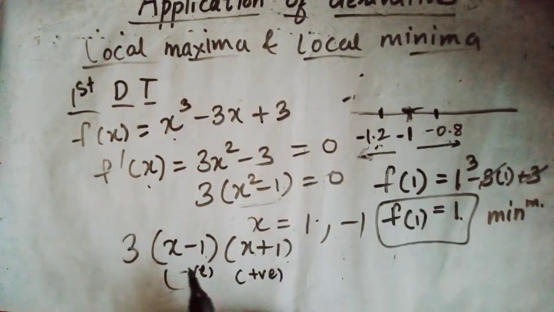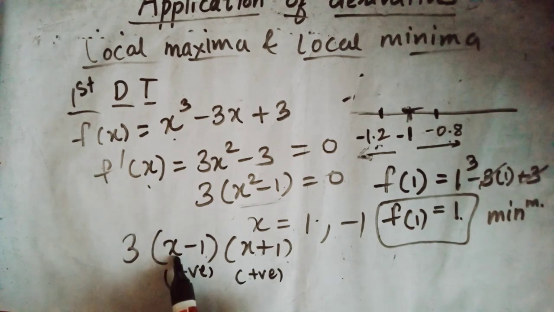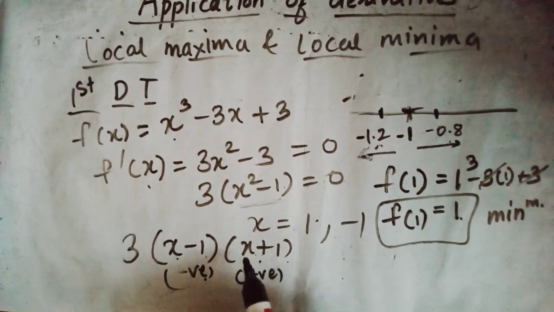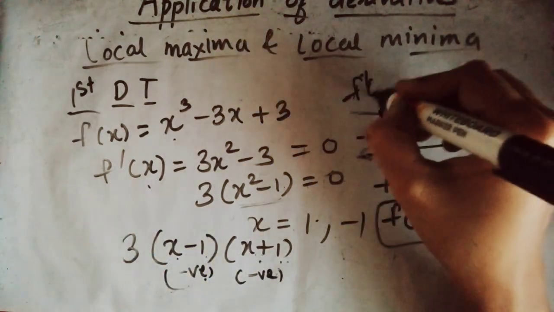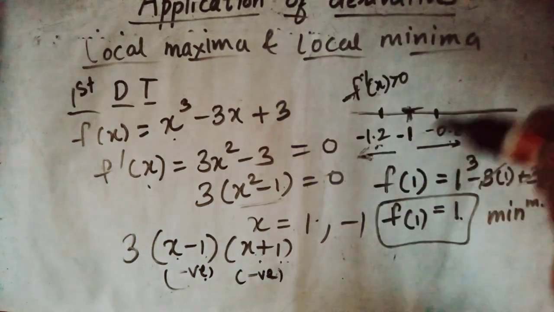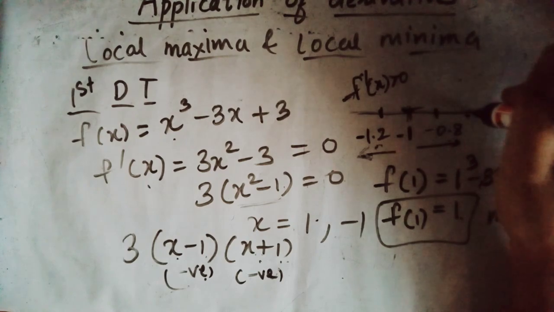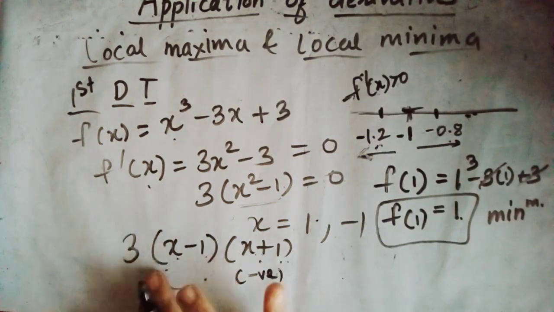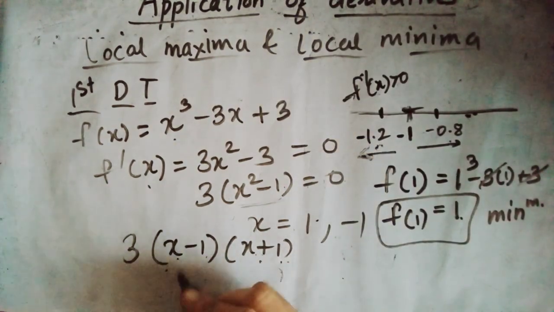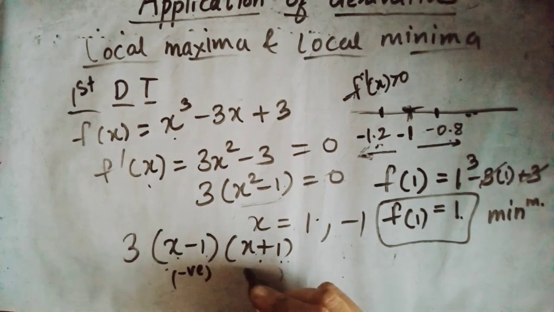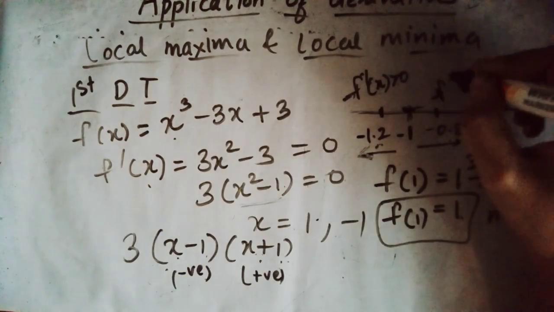For minus 1.2, this will be a negative, and the other factor will also be a negative, so this is going to be a positive value. And for minus 0.8, one factor is negative and the other is positive, so this is going to be negative.